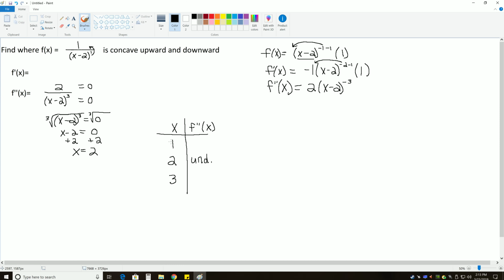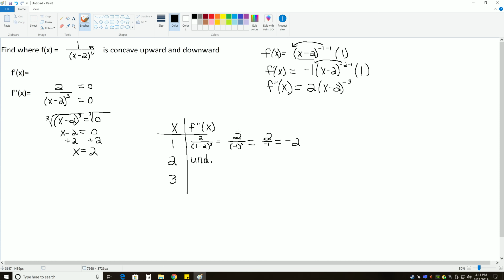So, when we plug 1 into our second derivative, we'll get 2 over the quantity of 1 minus 2 to the third power, which gives us 2 over negative 1 to the third. Negative 1 to the third is just negative 1. So 2 divided by negative 1 is negative 2.